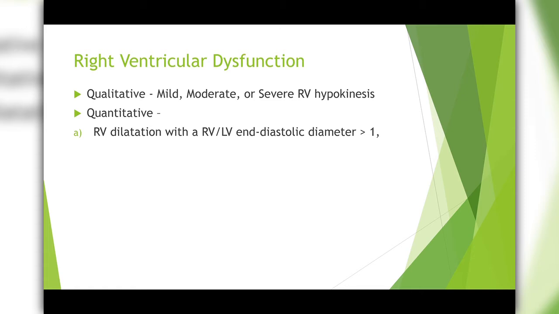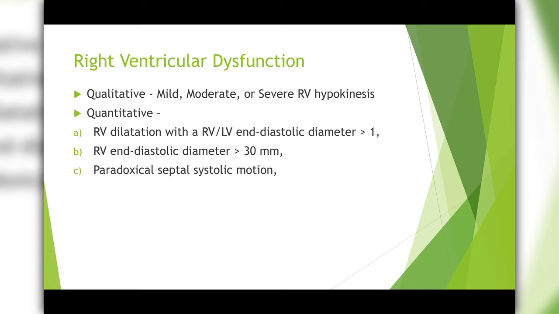Remember, normal RV should be 2/3 the size of left ventricle. RV end diastolic diameter greater than 30 mm. A paradoxical septal systolic motion characterized by septal movement towards right ventricle in mid-systole. I will discuss this in detail later.